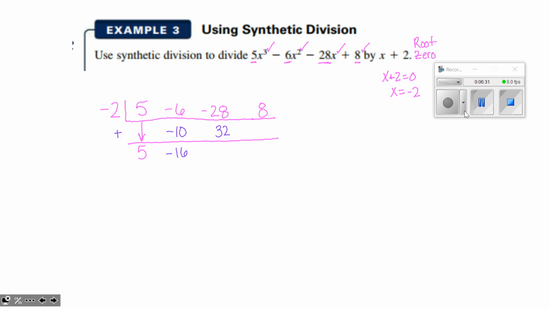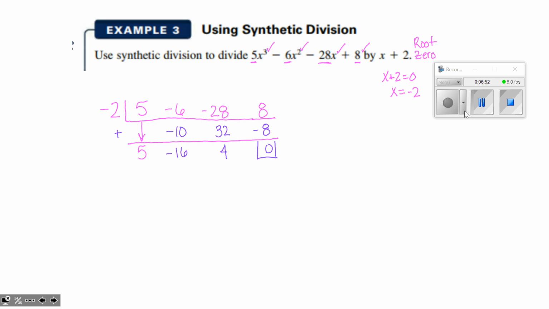And now I'm going to add -28 and 32, which looks like 4. And now I'm going to multiply 4 times the -2, and I'm going to get -8. And I'm going to add these guys, and I get 0. So remainder 0, that means it goes into it nicely.